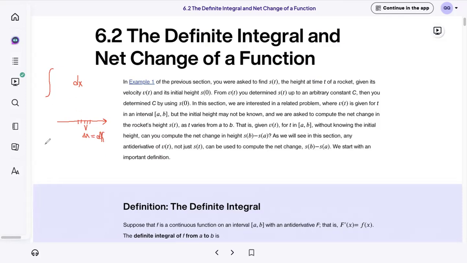In the infinite world, it means some summation of this little x multiplied by whatever this is. In the integral, this has a name called the integrand.